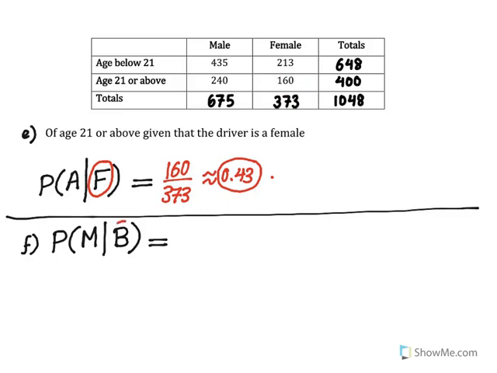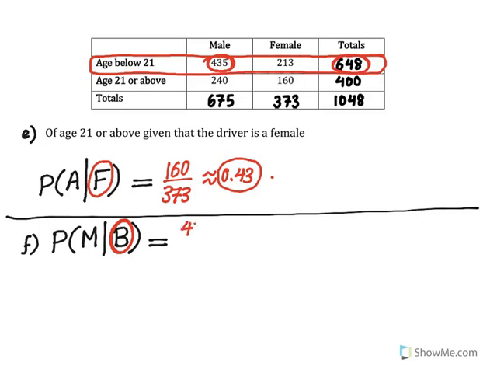What we are given here is that the age is below. See, below. So you are going to look only at the row that has the below 21. And what's the probability that it's a male in this row? We have 435 males out of the 648 total people whose age is below 21.